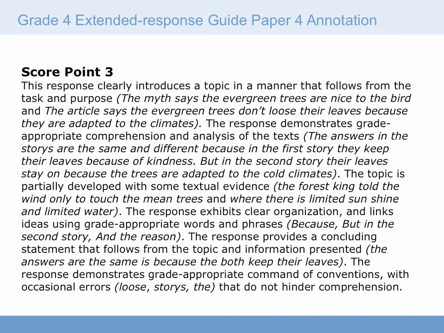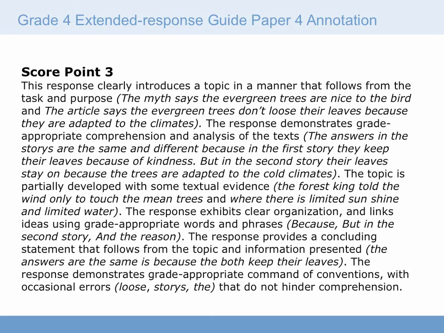The student is scored a 3 in this response because the response clearly introduces a topic in a manner that follows from the task and purpose, and it demonstrates grade appropriate comprehension and analysis of the texts. The topic is only partially developed with some textual evidence.